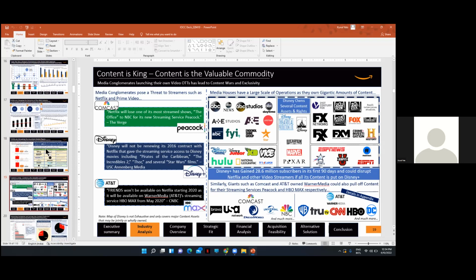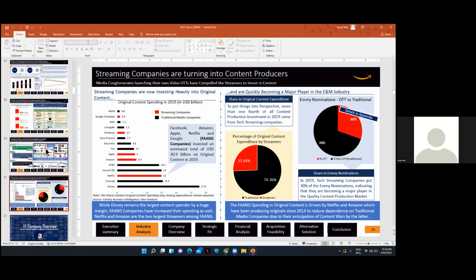So Disney is currently the juggernaut in this space, and we have other players as well. Then we are also seeing a shift in the sense that streaming companies are creating their own content, and the investment in original content is going up, which is a change that we saw of late.